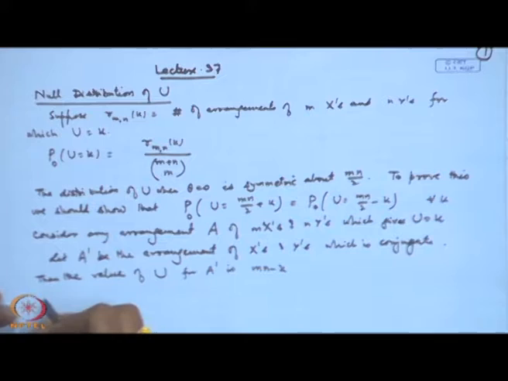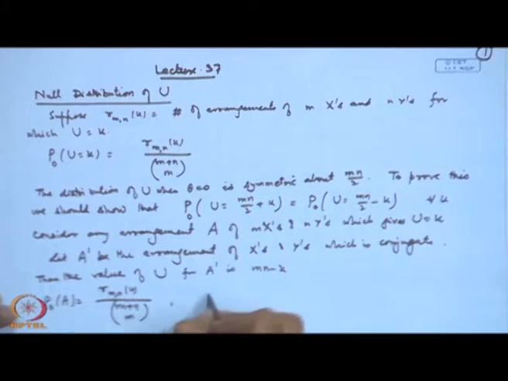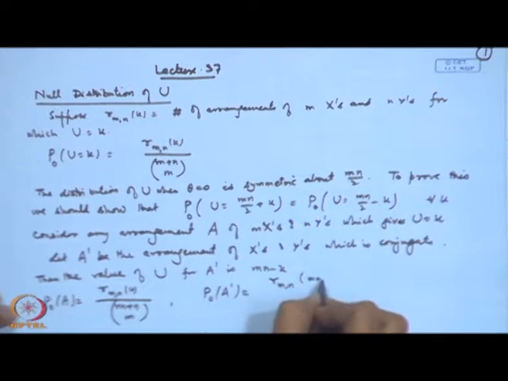Now, if I consider P naught (A), that is equal to R m n (u) divided by m plus n choose m, P naught (A prime) is equal to R m n (m n minus u) divided by m plus n choose m.